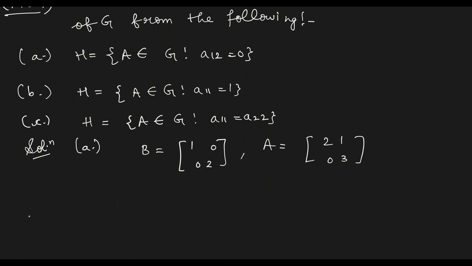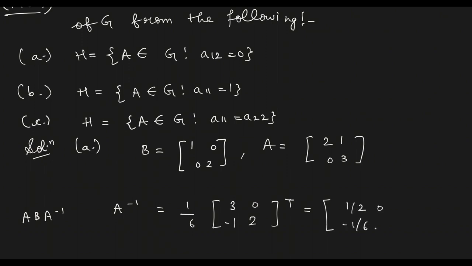So if we find the inverse of A, A inverse will be 1 by 6 times 3 -1 0 2, that is 1 by 2, 0, minus 1 by 6, 1 by 3, after transposing.